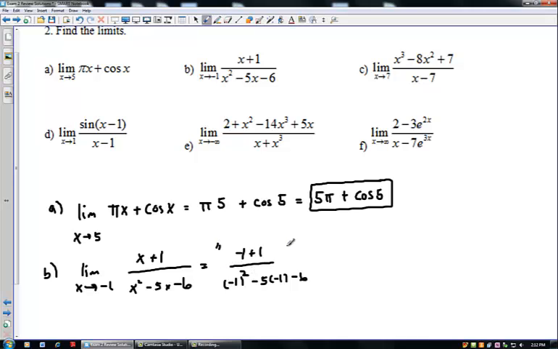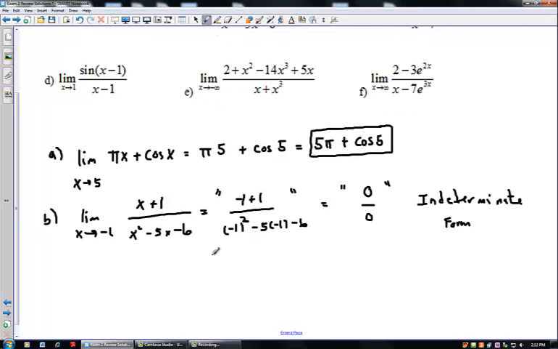You can already tell on top you're going to have 0, and you can guess on bottom you should also get 0, because this is a certain type of problem which leads to an indeterminate form, which simply means that the limit cannot be determined in the given form. So you're going to have to do more work.